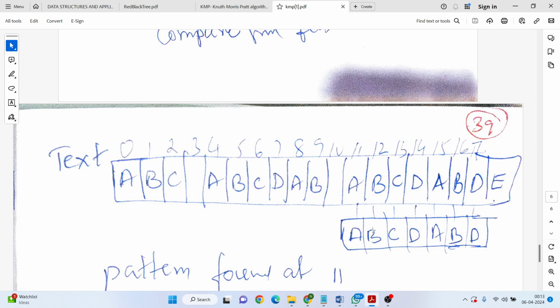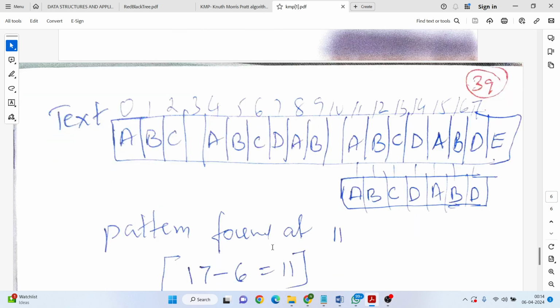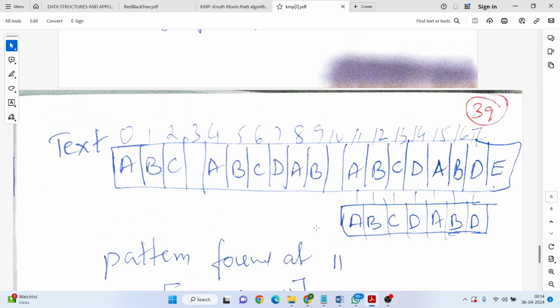A matched, B matched, C matched, D matched, A matched, B matched, and D matched. No more characters found. So this is the last index we have reached, 17 minus 6. 17, where the string started.